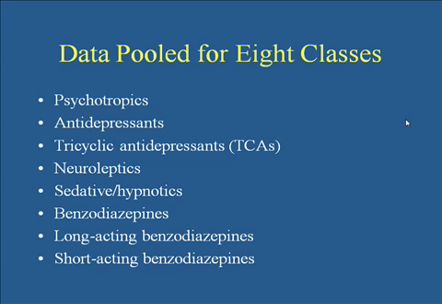And they pooled the data in 8 different classes, and they lumped all the psychotropics together in one class, and then they broke them out as antidepressants, and then they further broke antidepressants out as tricyclics, because remember, in the time frame that the studies were done, most of the antidepressant use at that time was tricyclics. A neuroleptic, as I mentioned, we now refer to as antipsychotics. Sedative hypnotics, some of which included benzodiazepines and others. And then, of course, benzodiazepines. And then they further broke benzodiazepines out into both long-acting and short-acting agents.